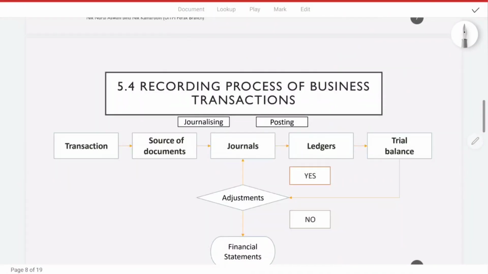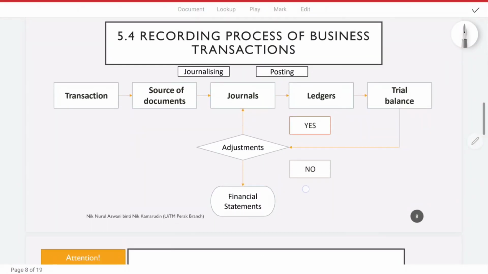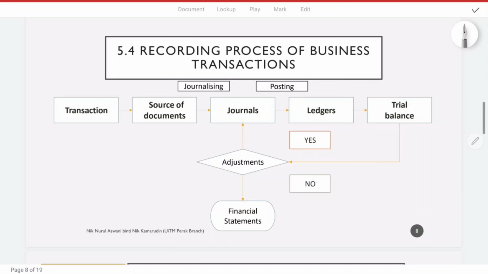Again, we are going to look at the recording process of the business transaction. This is what we call the accounting cycle or accounting process. It starts with the transaction, supported by the source document.